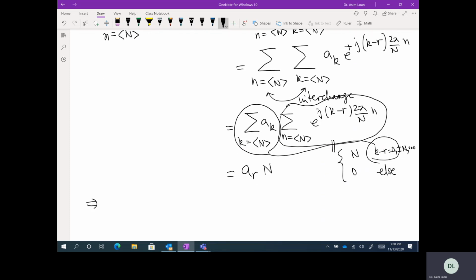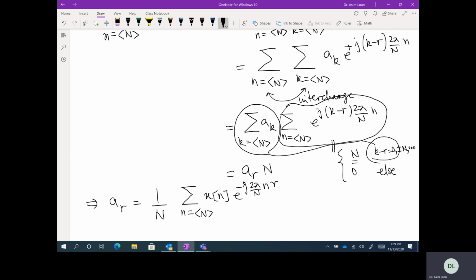So this is n times a_r, because this is n here. So this implies a_r equals 1 over n times the sum of x of n, because x of n is periodic, e minus j 2 pi over n r n.